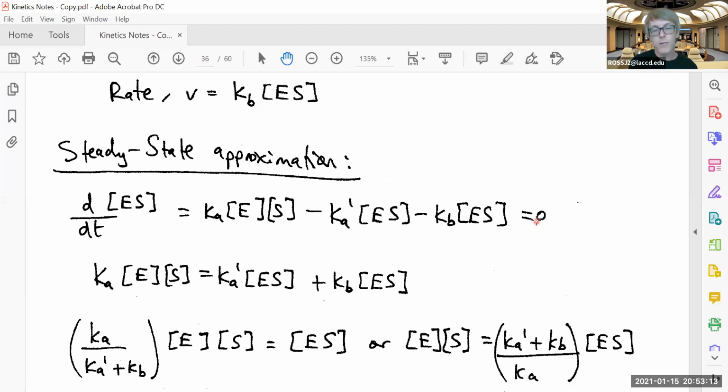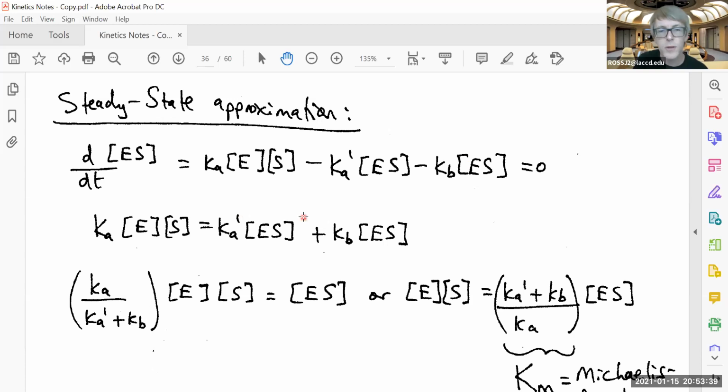The rates of those processes are equal at steady state, so they sum to 0. We can transpose the negative terms over to the other side to make everything positive. And now, like we said earlier in this video, we're going to isolate the intermediate ES because we can't measure it accurately. So we're going to solve for it in terms of things we can measure accurately.